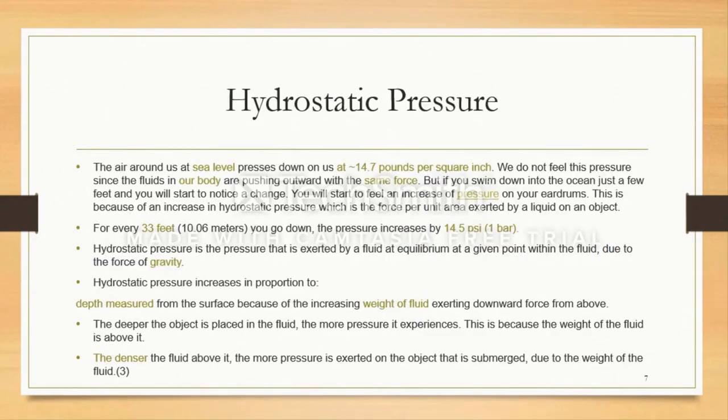Hydrostatic pressure: the air around us at sea level presses down at 14.7 pounds per square inch. We don't feel this pressure because the fluid inside our body is equal to the pressure outside of our body at sea level.